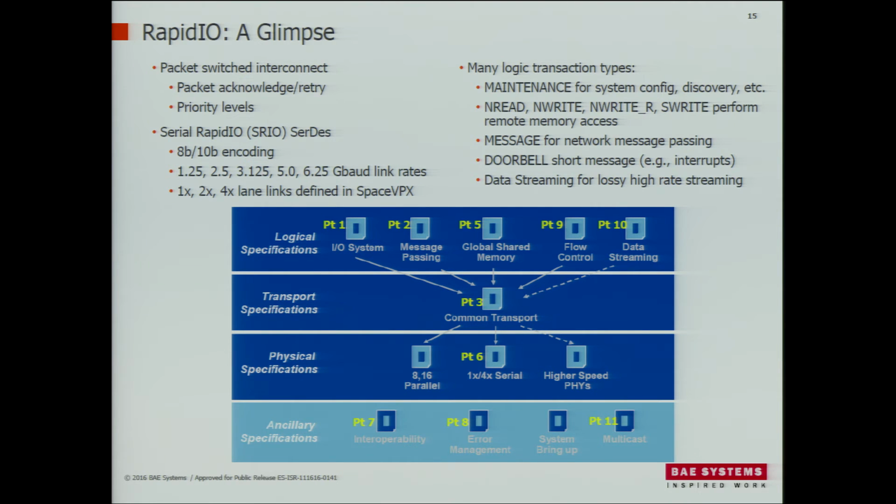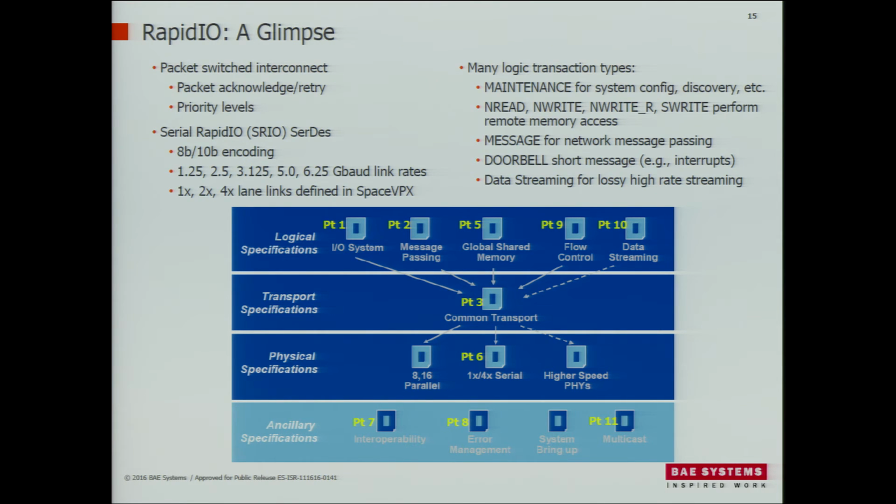The message passing part defines the message and doorbell transactions. So these are more network oriented. There's been a couple of implementations of TCP/IP on top of serial rapid I/O, and those implementations use this message transaction.